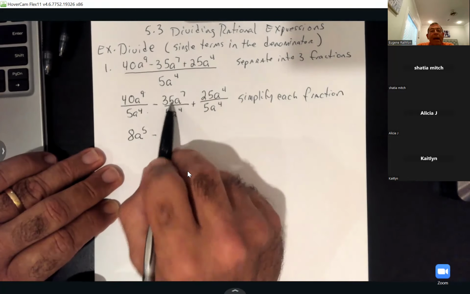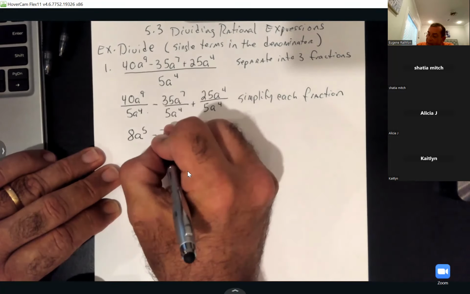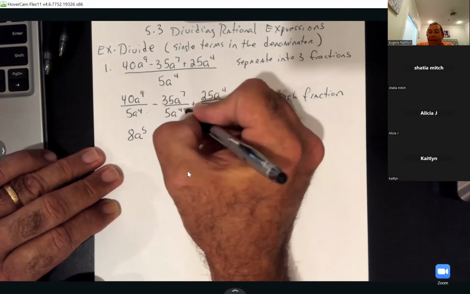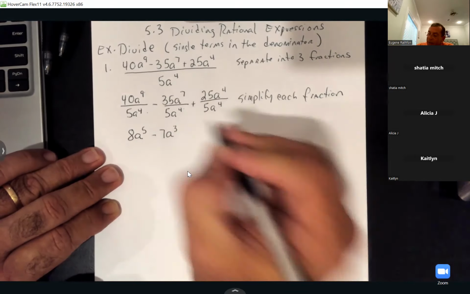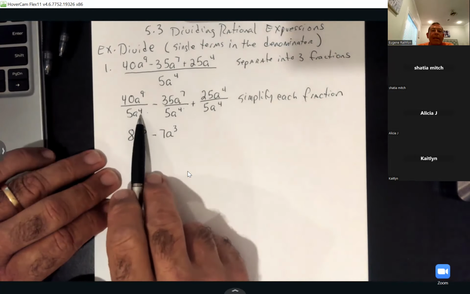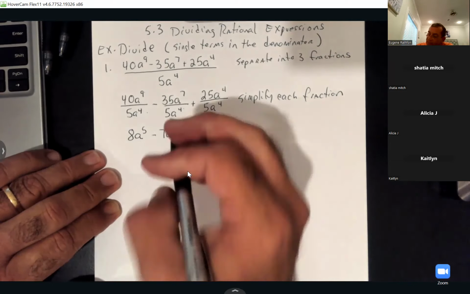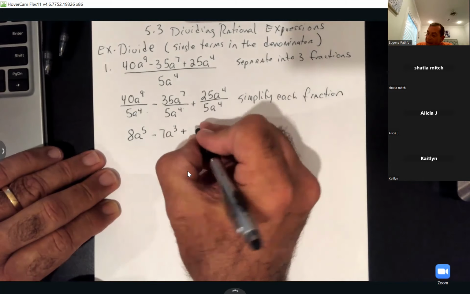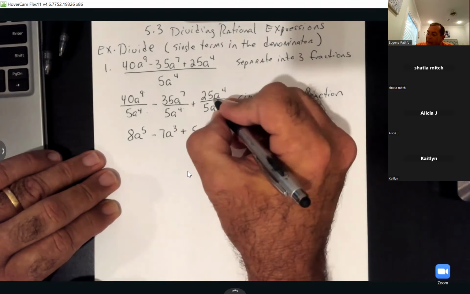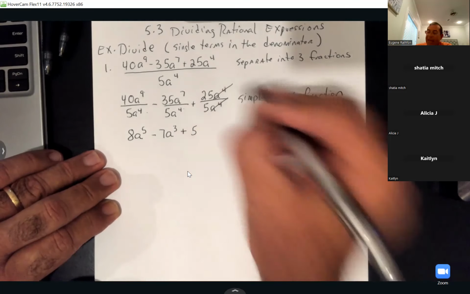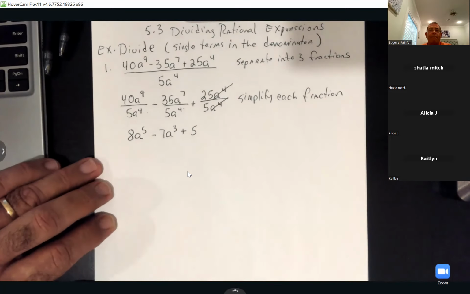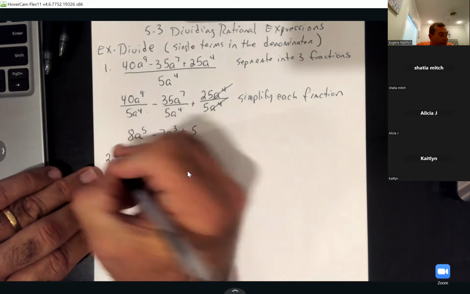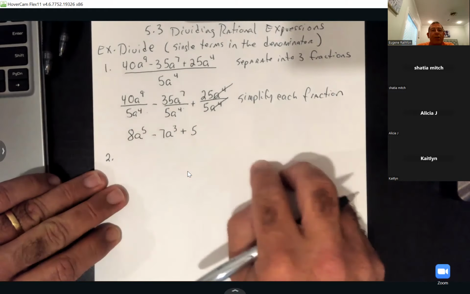Minus 35 divided by 5 leaves me a 7. On the a's, 7 minus 4 leaves me 3. So remember, I'm subtracting the exponents on my variables. And then at the end, I've got a plus. 25 divided by 5 is 5. And these a to the 4ths match, so when they match, I cancel them out and I'm done. Nothing else we can do to that, so we're done. So let's try another one.